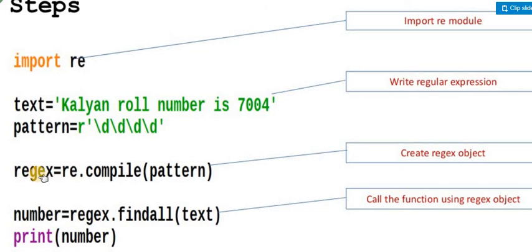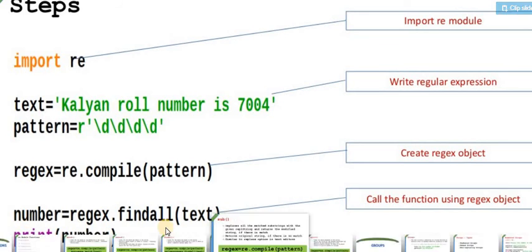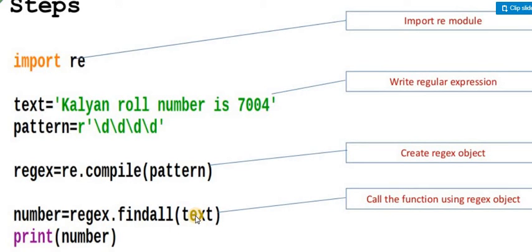Now that particular pattern is compiled and stored into the variable regex. Now into which string do I want to apply this pattern? I want to apply this pattern to the text.